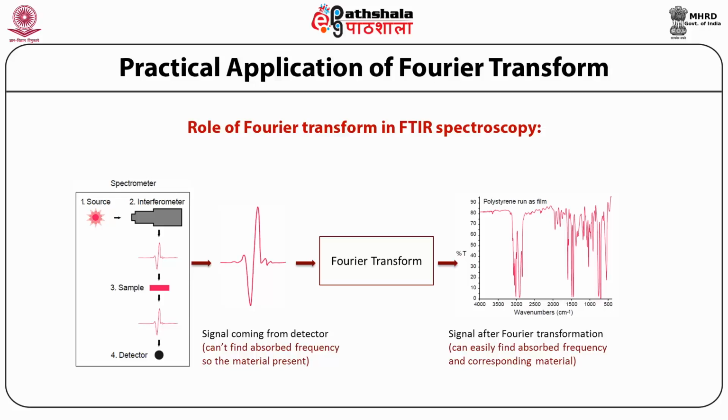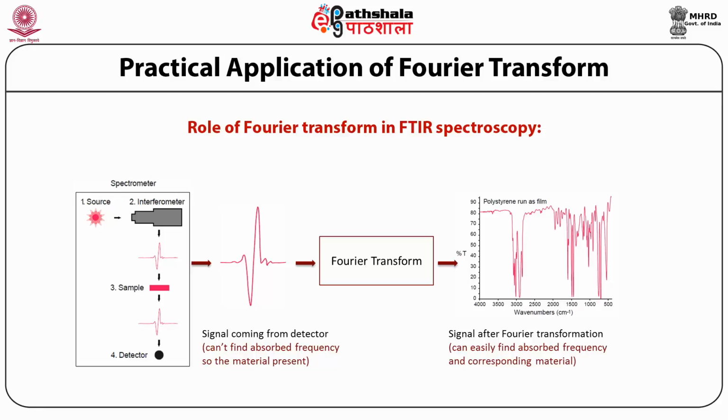Now we apply a Fourier transform. Now what it does is it changes the simple sinusoidal confused wave into a linear spectrum of waves. It is still hazy and confused, but it is going to appear for a particular wave number.